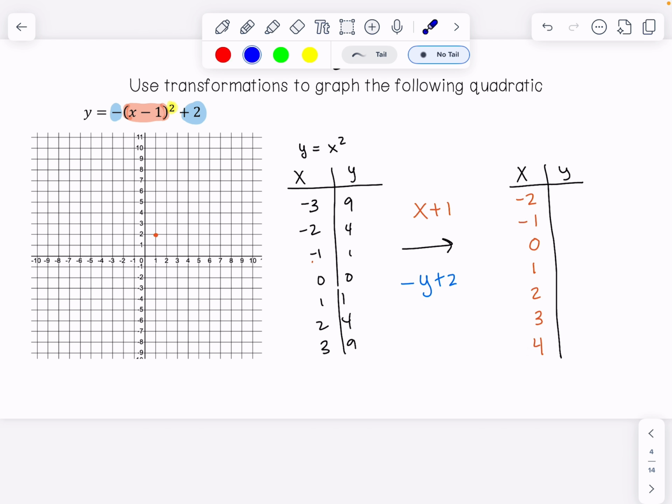Now the y ones are going to be slightly more complex, just because I have two different operations that I have to do. Starting with this one, I'm going to plug it in, and that means I'm going to do -9 plus 2, which gives me -7. Then -4 plus 2 gives me -2. Then -1 plus 2 gives me 1, and then -0 is just 0, so that gives me 2.